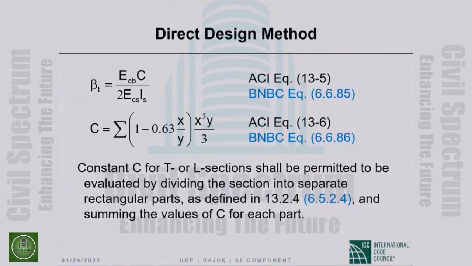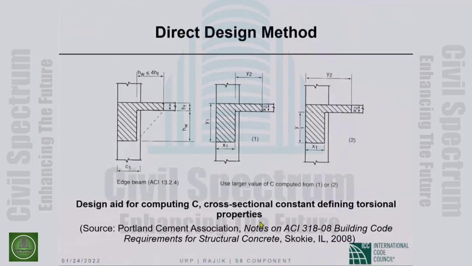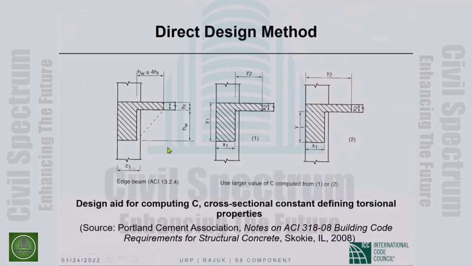Okay, this beta is given by this expression. C is a torsional coefficient, given by this expression. So the constant C for T or L beams shall be permitted to be evaluated as follows. To calculate C, you will take your section. This is your beam section.